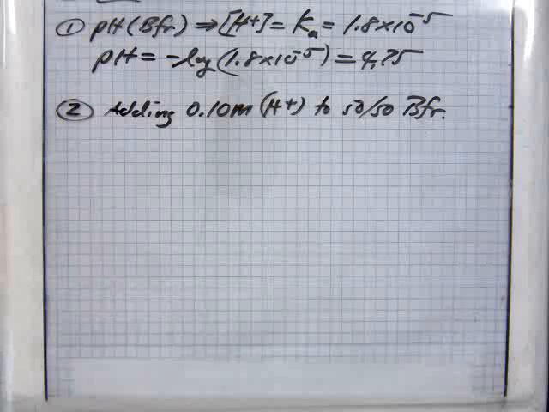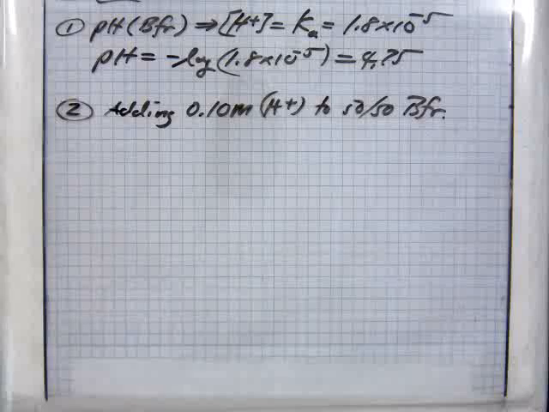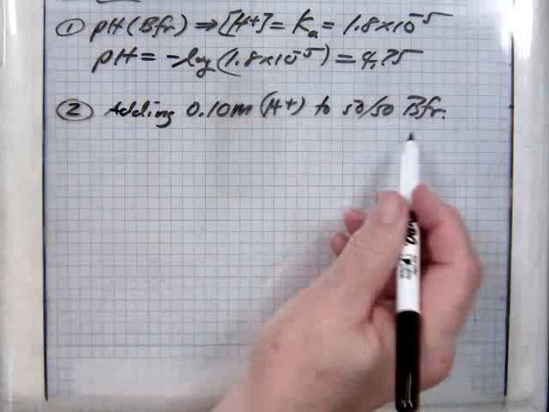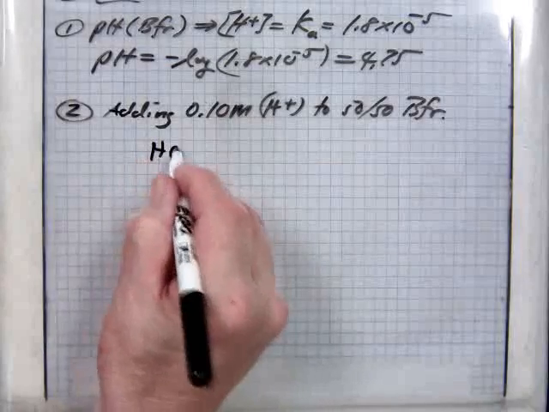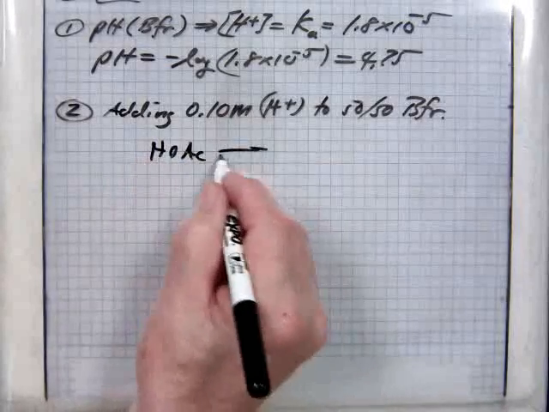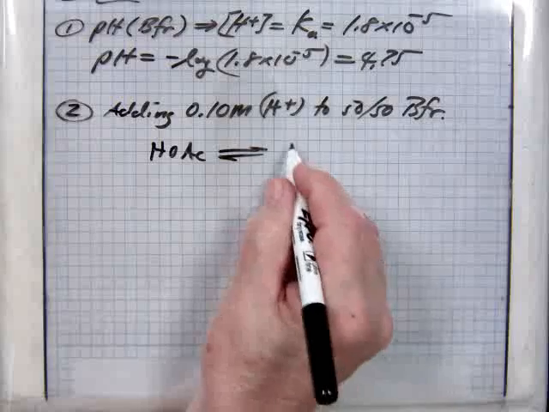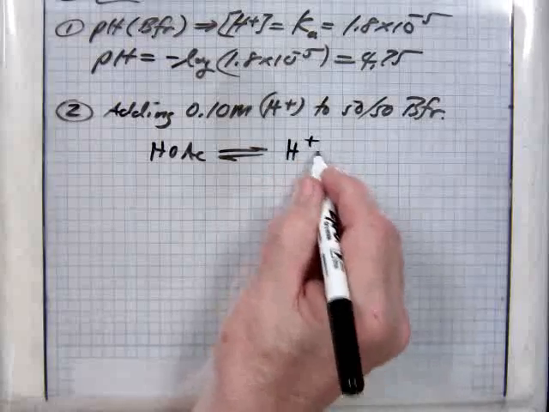And what did I tell you a little while ago about buffer problems? You always start with the equilibrium of the weak electrolyte, right? And that's what we have to start with. Well, this is an HOAc buffer with acetate ion in the system.